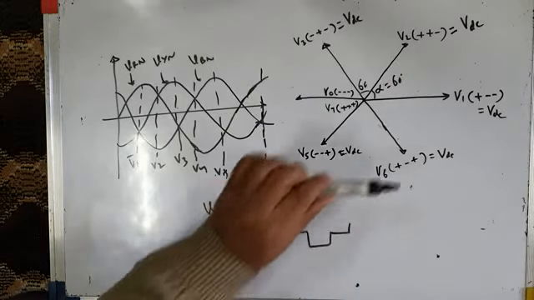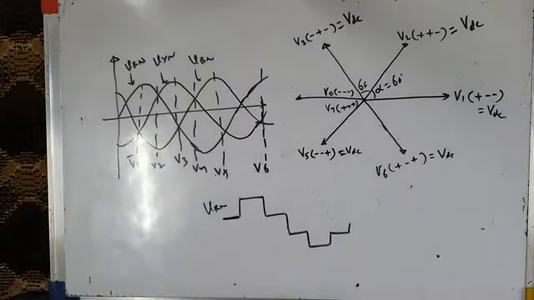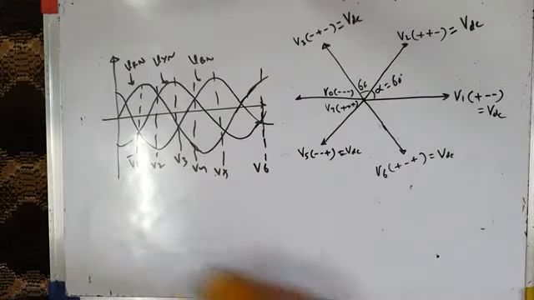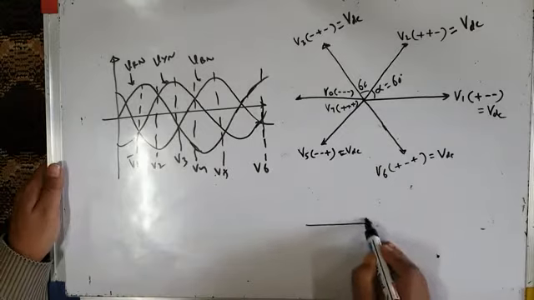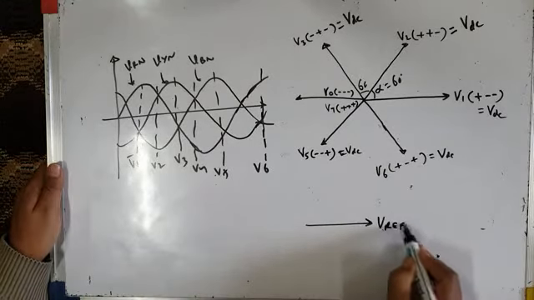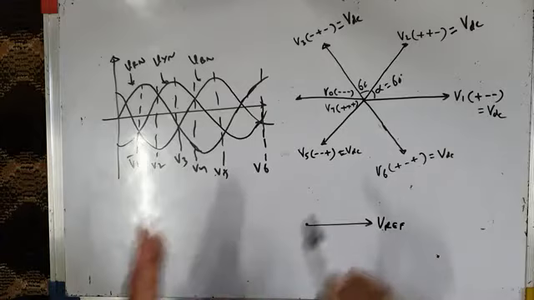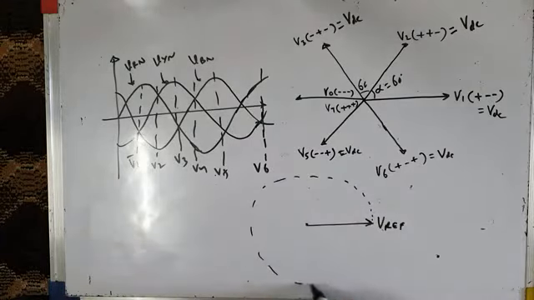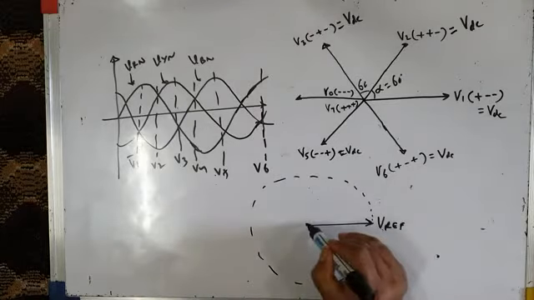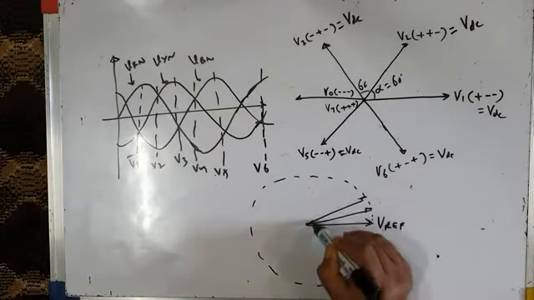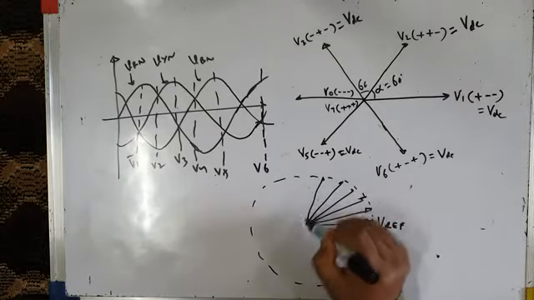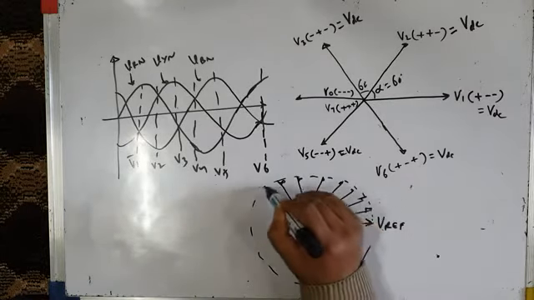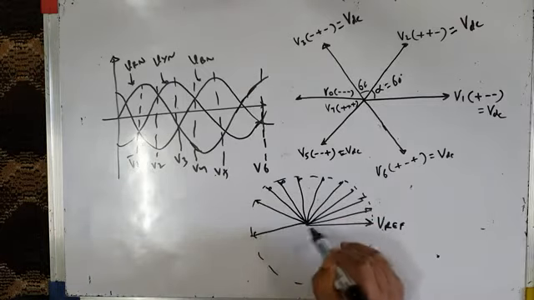So instead of applying voltage vector V1 for 60 degrees and then voltage vector V2 for 60 degrees, and then V3 and so on, if I am able to produce a reference voltage vector Vref, which is not applied across the load after every 60-degree interval, which is continuously rotating like this, and it is traveling in a circular path like this. It is like this. It's moving along this circle.